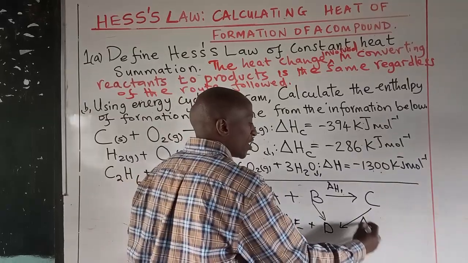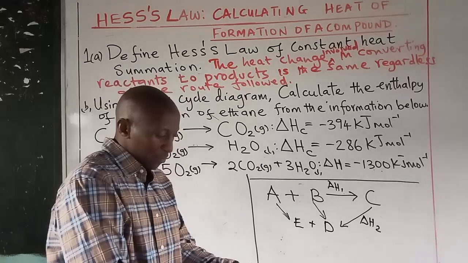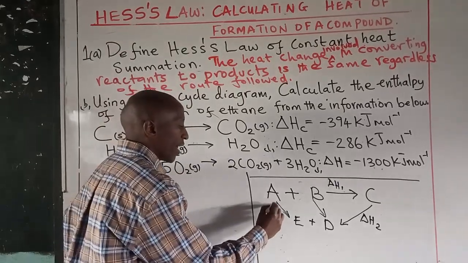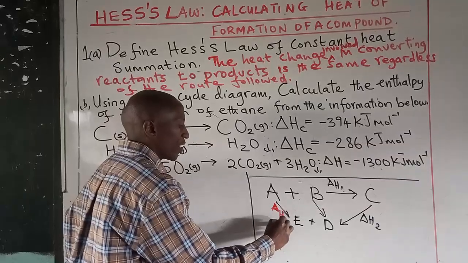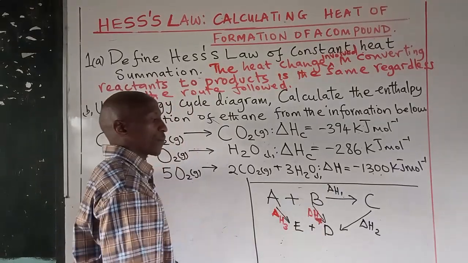We have an energy change here, H2. At the same time, we can have energy change, which you can label 3, and this is 4. So what are we saying?